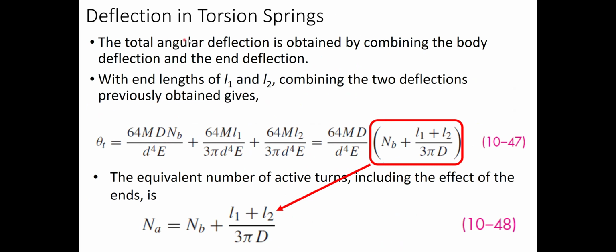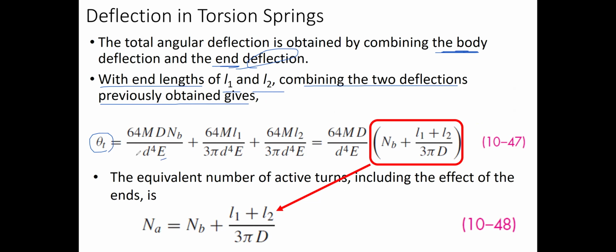So the total angular deflection is obtained by combining the body and end deflections. With the end lengths L1 and L2, combining the two deflections previously obtained gives theta T, which represents the total.